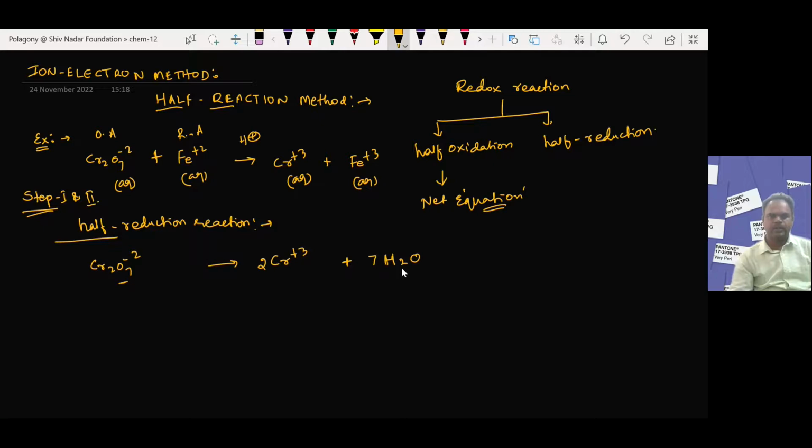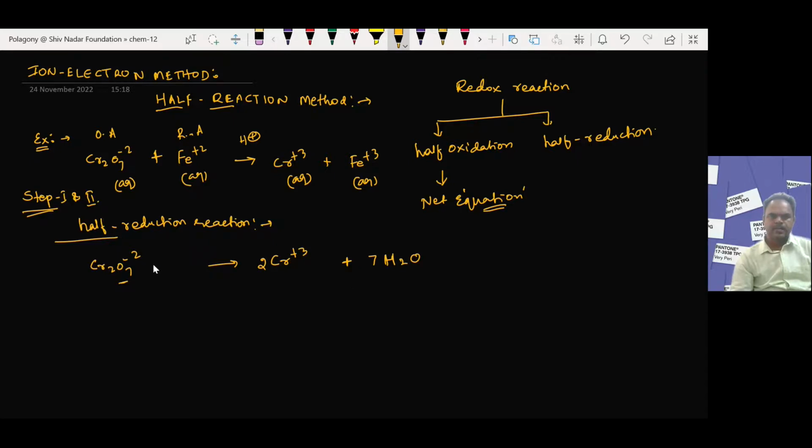I'm adding 7 water molecules on the right side so the oxygen atoms are balanced on both sides. But then 7 into 2 hydrogen atoms are unbalanced.